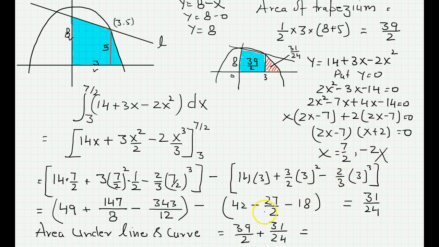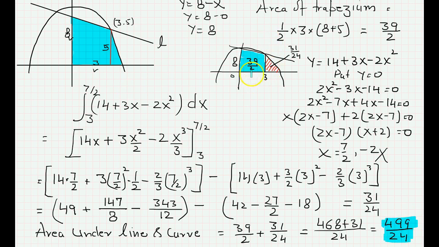So that is equal to, this is 24, this 12, 39 times 12 is 468 plus 31. 468 plus 31/24. So that is 499/24. So this is the area under the curve.